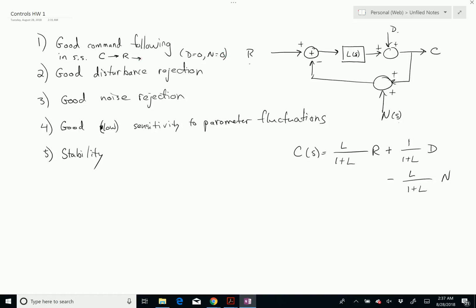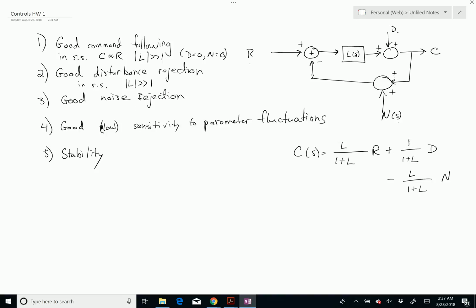For that to happen, I want C and R to be approximately the same, which we said meant that L needed to be big. For good disturbance rejection, we said in steady state, I want L to be much, much greater than 1. If L is much, much greater than 1, this term goes away.